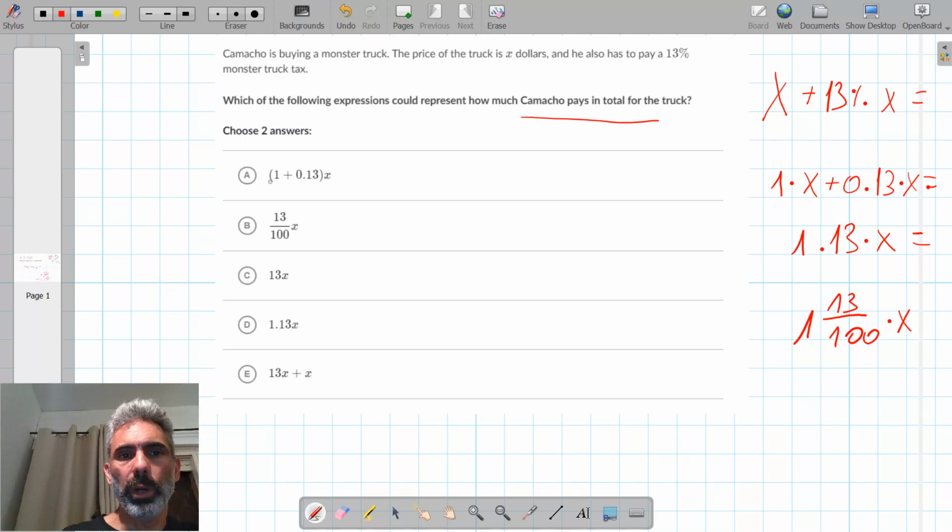Okay, so 1 plus 0.13 is 1.13 times X, so A is good. Okay. 13/100 is only the tax, it doesn't include the price of the truck itself, so B is not good.